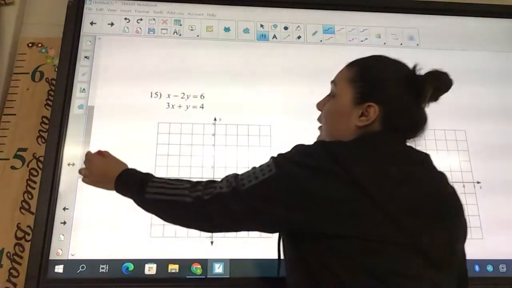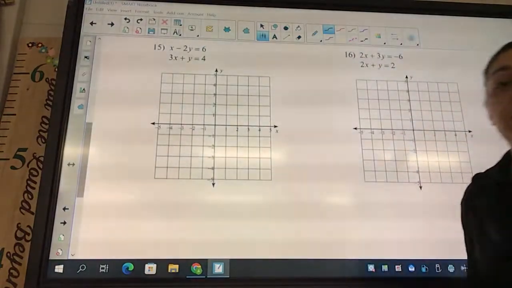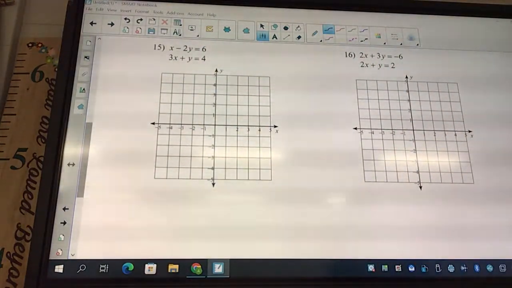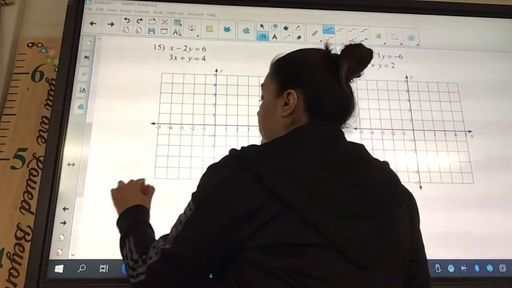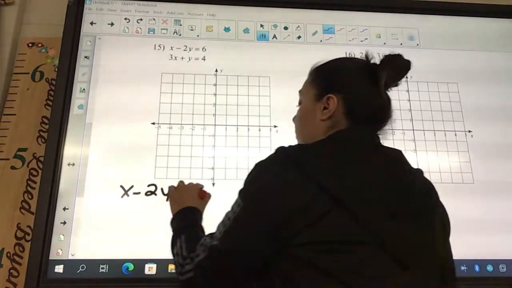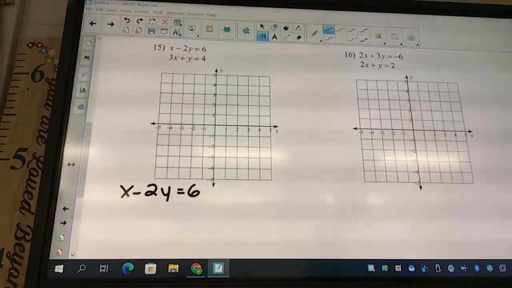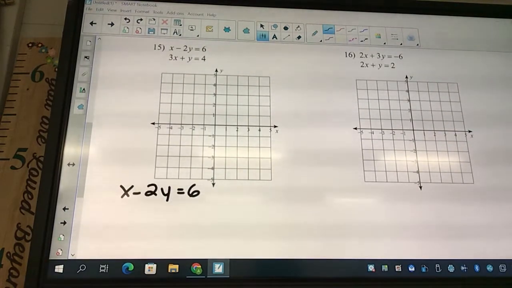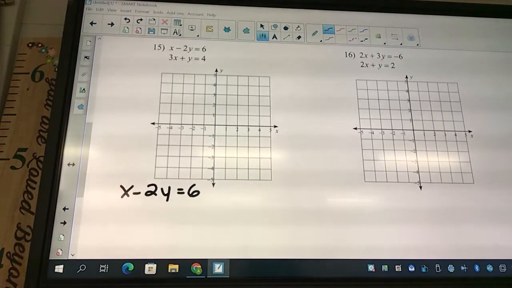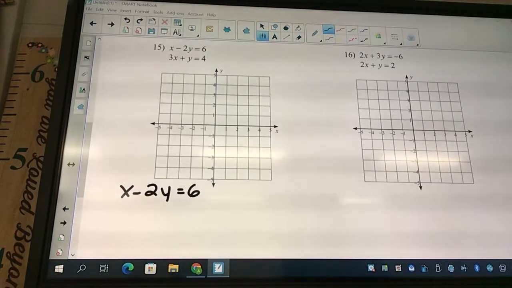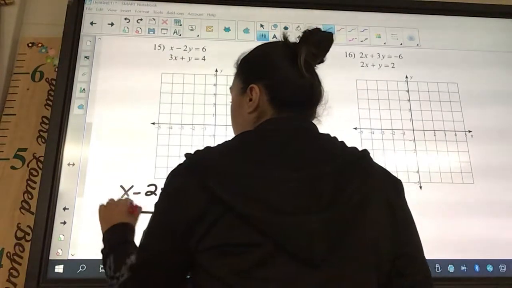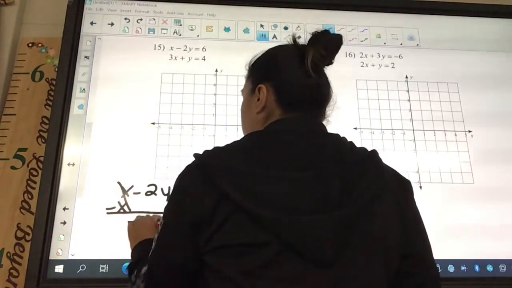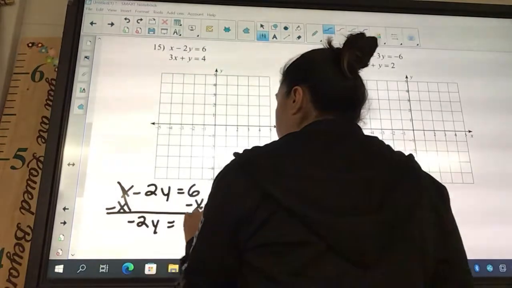Okay, so 15. Are the y's by themselves? No. Okay, so we're gonna write our equation down. Okay, do we add or subtract the x's? We're gonna subtract. We're gonna say minus x minus x. So I got -2y equals 6 minus x.